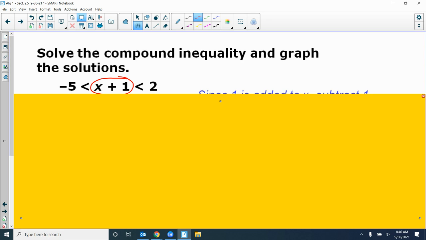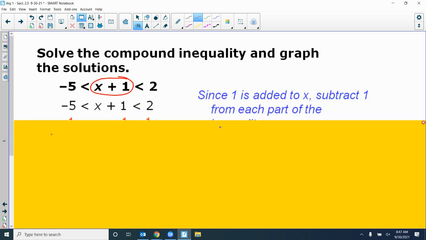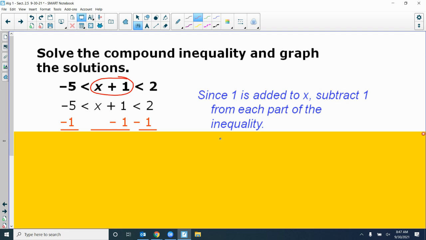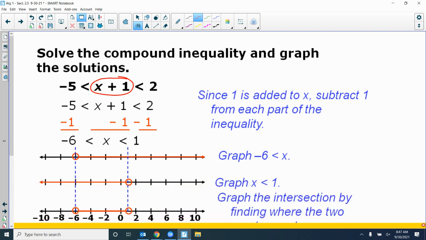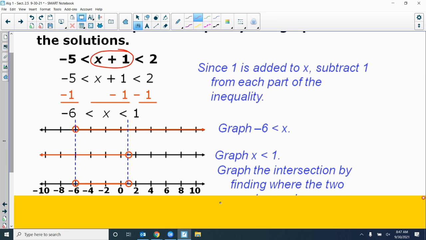But now I kind of got two cases, a left and a right. So you're going to have to subtract 1 over here on the left, in the middle, and over on the right. And so that's going to give me negative 6 is less than x is less than 1. Once I have it in that case, it's trapped in between negative 6 and positive 1.